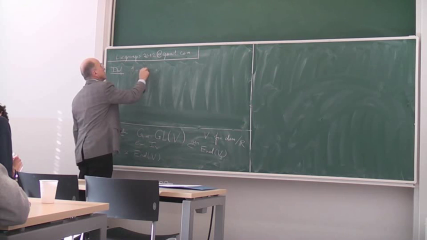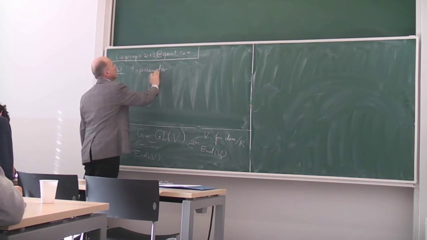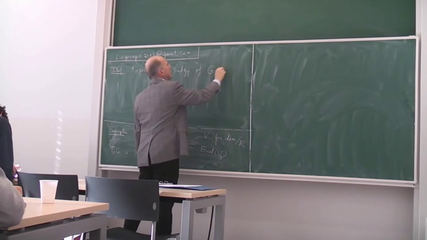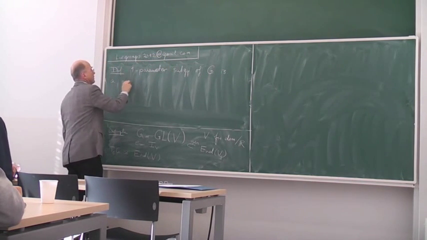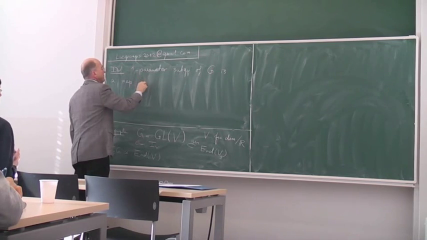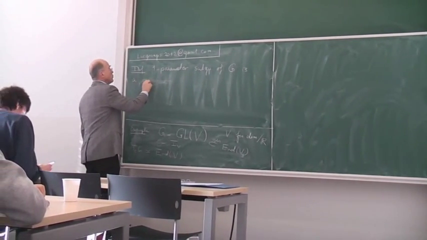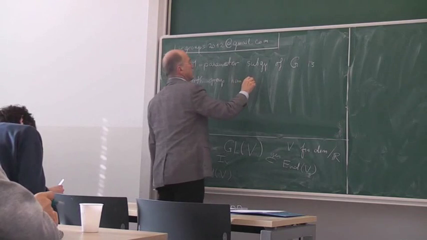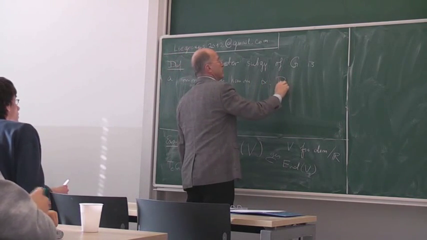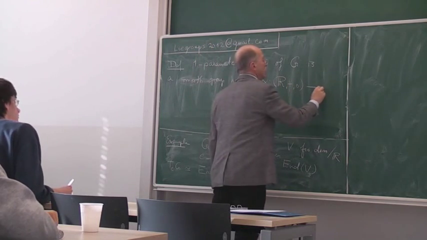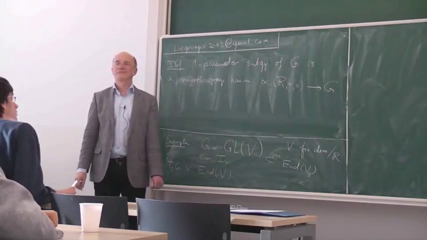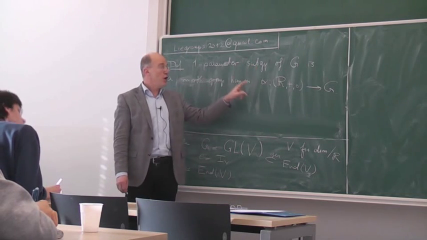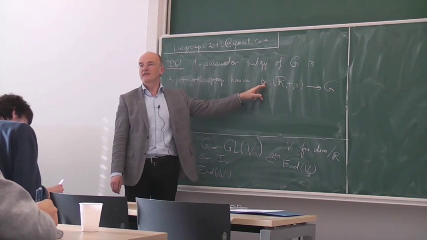A one-parameter subgroup of G is a map alpha, or I should say, a smooth group homomorphism alpha from the reals with addition and 0 to the Lie group G. Now this terminology is a bit misleading because I'm talking about a subgroup, but I'm not requiring that alpha is injective.